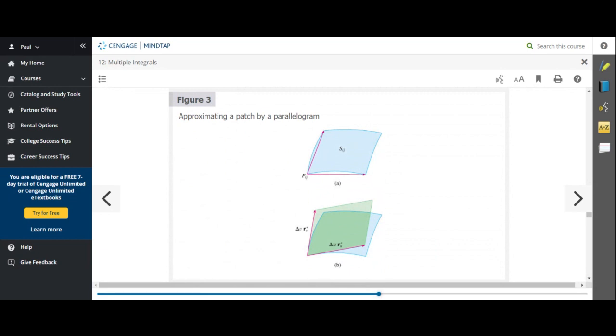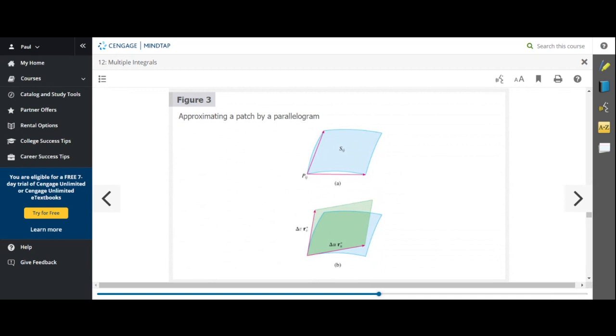Basically you have a parallelogram. If you look at the two vectors in Figure 3, and then you go down to Figure B, you can see that we can approximate the area of the ijth patch with the area of a parallelogram.